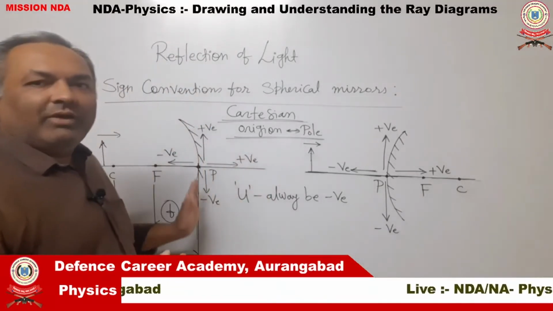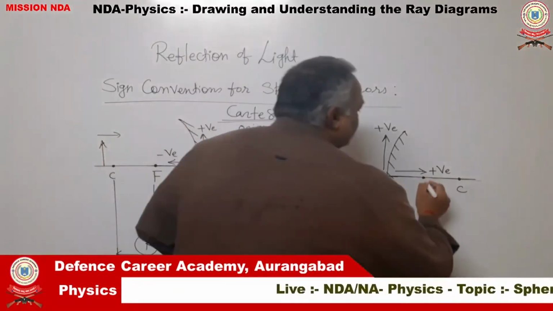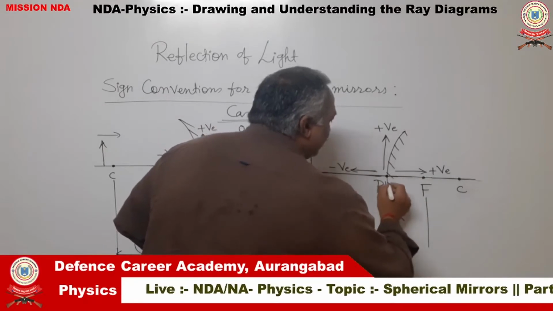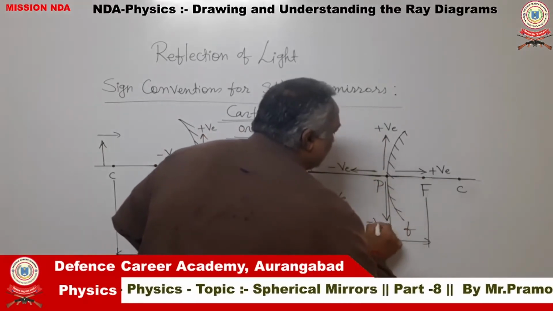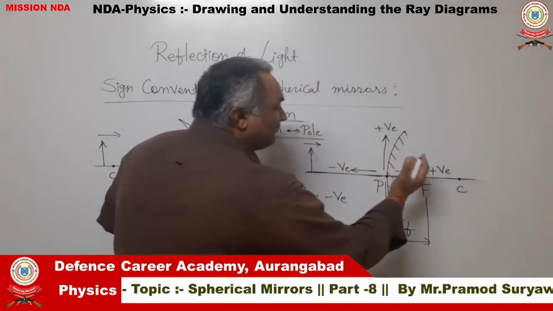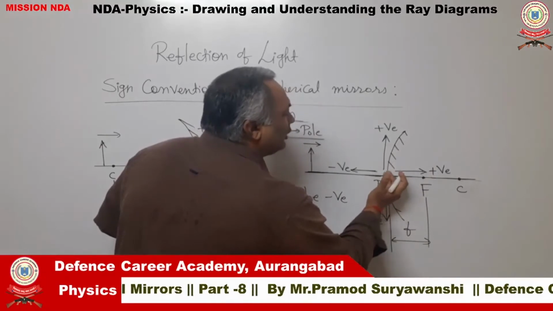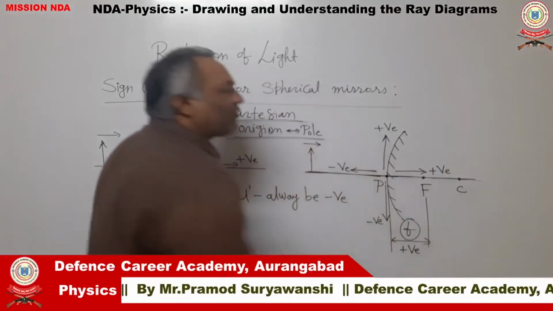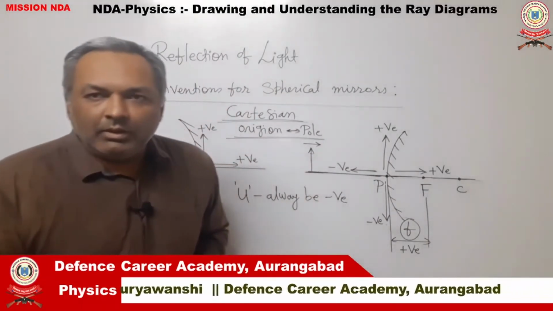Next, let's try the same points for a convex mirror. This is the focus and this is the distance from the pole, that is the focal length. Now, you will realize that if you want to measure the focal length, you have to travel from the pole to the right side. Therefore, the focal length of a convex mirror is always taken as positive.